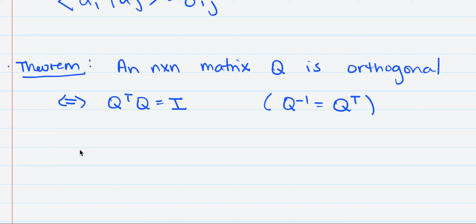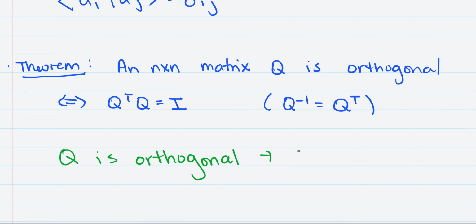Okay, so let's think about how we can prove this. Again, when we say orthogonal or orthonormal, we're talking about an inner product, and here the inner product's not specified, so we're assuming the inner product of two vectors x and y is x transpose times y. You need to remember that that is the inner product. We're not going to do this in great detail, but let's say Q is orthogonal.